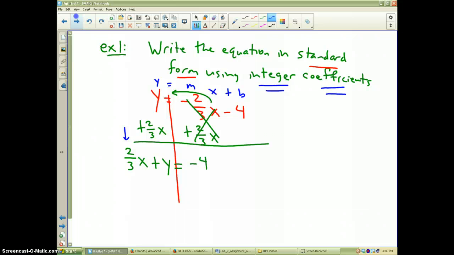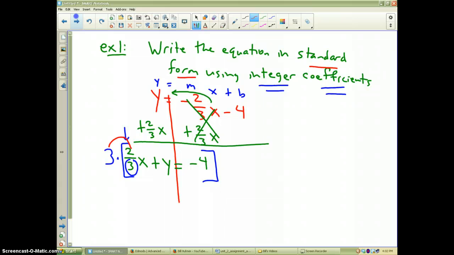Well, very simply, in order to change that fraction and get rid of it and write everything with integers, I'm going to put brackets around the entire equation, and I'm going to multiply the entire equation by the denominator of the fraction. So I'm going to multiply by 3, and I'm going to distribute.